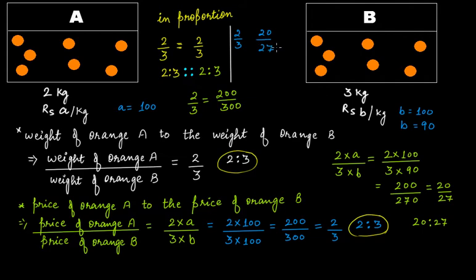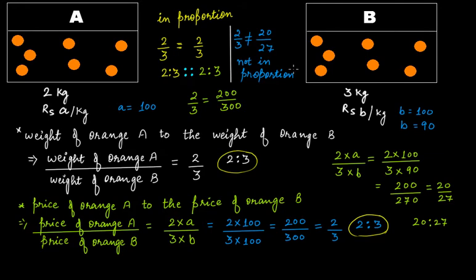Now, this ratio, 2 ratio 3, is not equal to 20 ratio 27. Therefore, they are not in proportion.